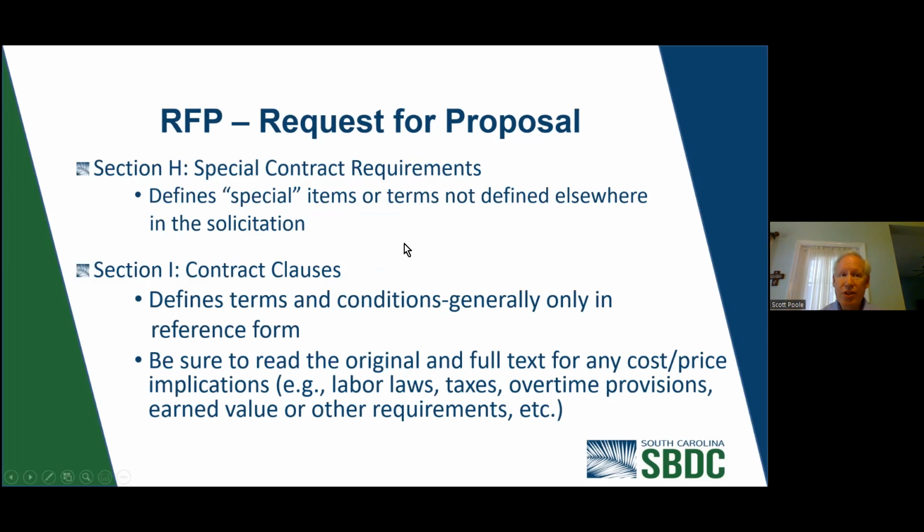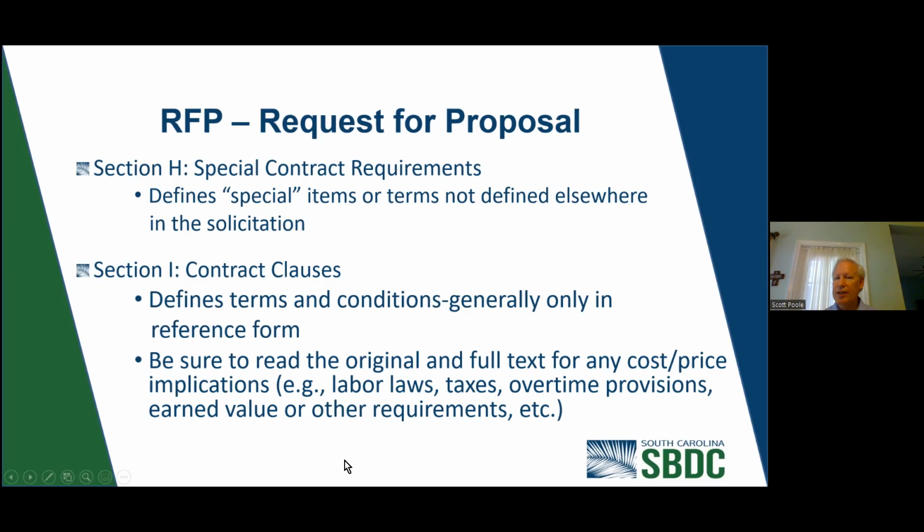Section H is the special contract requirements. This is anything that's not defined elsewhere in the solicitation. Section I is the contract clauses. It defines the terms and conditions, generally only in reference form. These are the things you saw in the bar shown earlier. So be sure to read the original and full text of any cost or price implication: the labor laws, the taxes, overtime provisions.